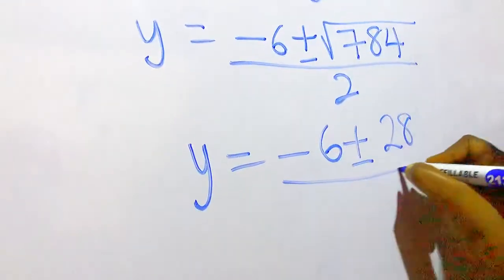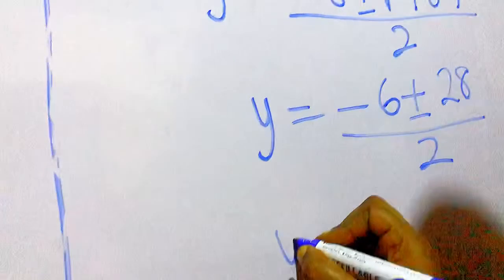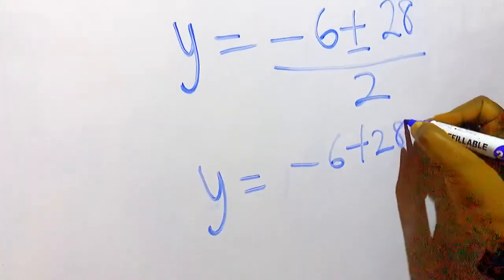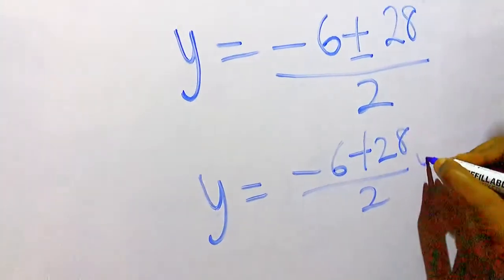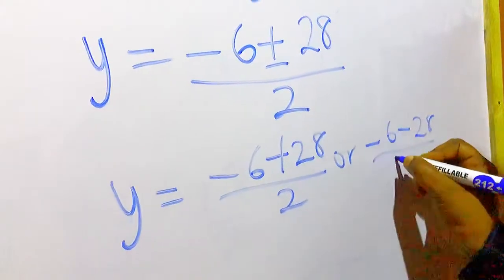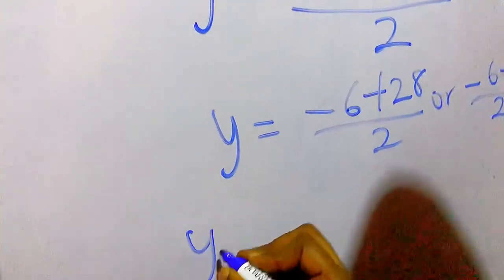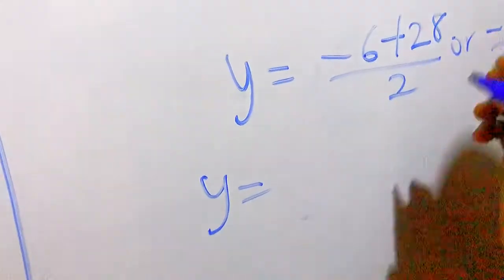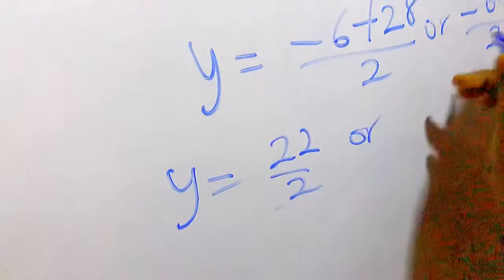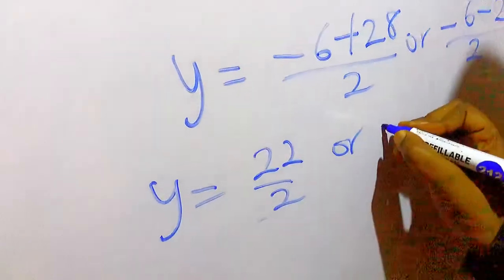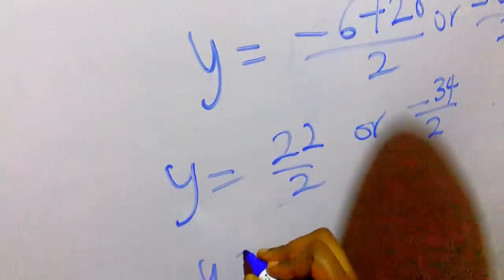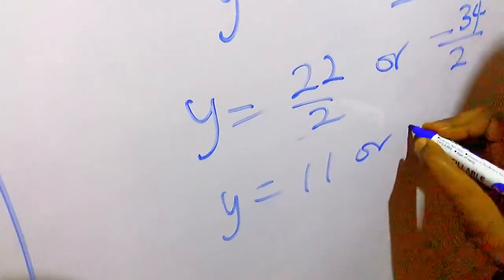So y will now be equal to minus 6 plus 28 over 2, or minus 6 minus 28 over 2. So minus 6 plus 28 is equal to 22, divided by 2, or minus 6 minus 28 is equal to minus 34, over 2. So y is equal to 11 or minus 17.